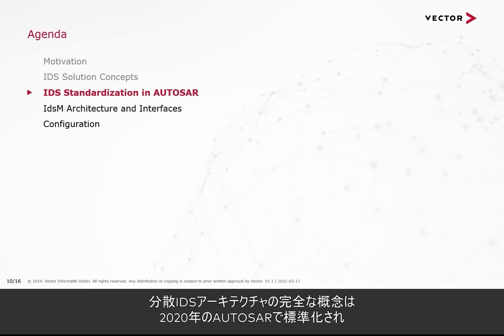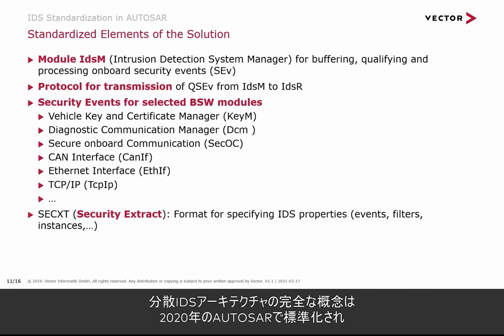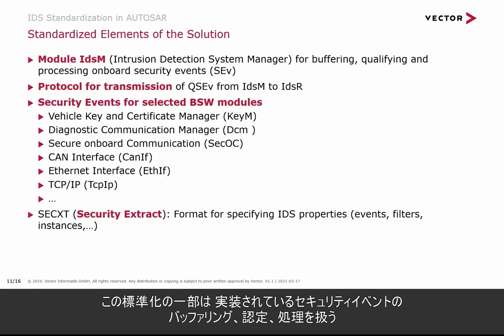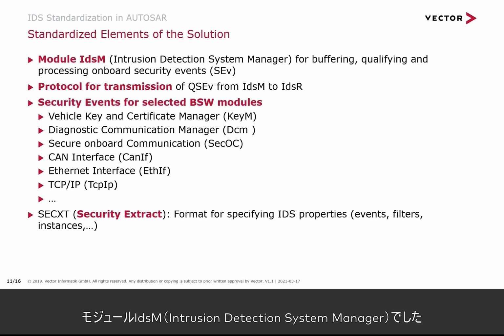The complete concept of a distributed IDS architecture was standardized in AUTOSAR in 2020. Part of this standardization was the module IdsM, the Intrusion Detection System Manager, which handles the buffering, qualifying, and processing of onboard security events.